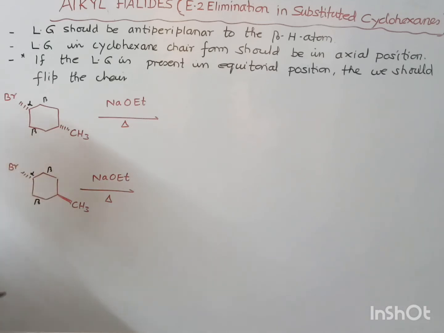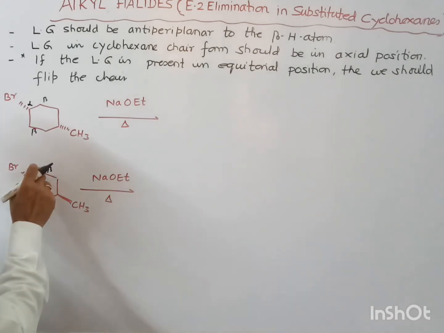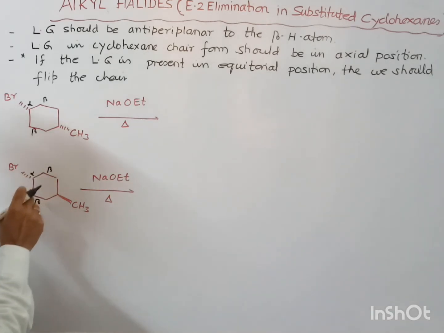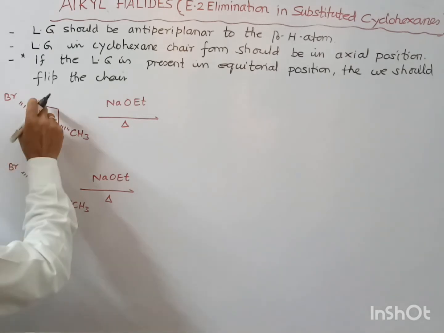At both these beta carbons, one of the hydrogens, no doubt, would be anti to this bromine. And here also one of the two hydrogens is anti to the bromine. So we can remove the beta H from here, or from here.